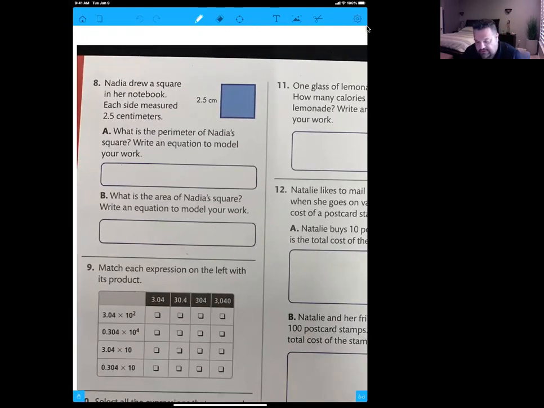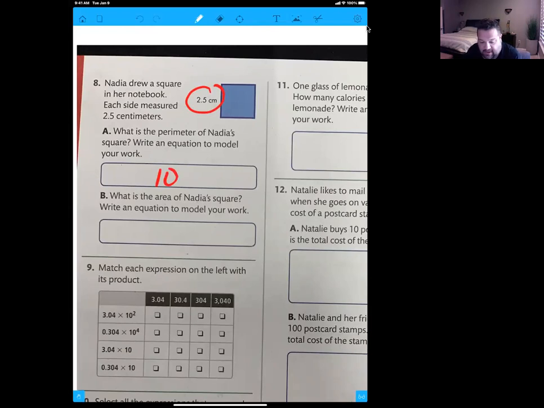All right, that is the first page. Turn it over to the next page. I'll go to my next page. All right, perimeter is distance around. Sometimes we do good, but we get area and perimeter confused. This is 4th grade. You're just going to do 2.5 times 4 or add 2.5 4 times, which would give you 10.